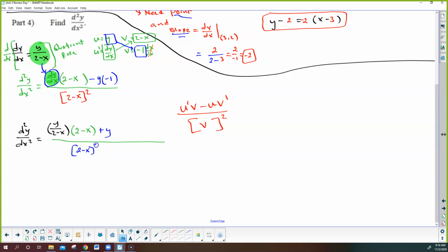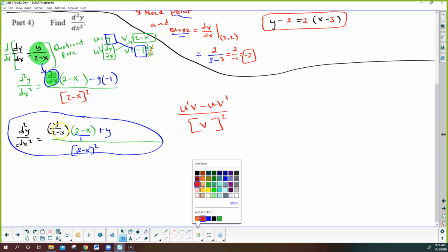Now, you don't get any extra points for distributing and trying to simplify, so you could leave it like this. However, notice how this could be written as 2 minus x over 1. And instead of distributing, I could reduce out a 2 minus x on top and on bottom.